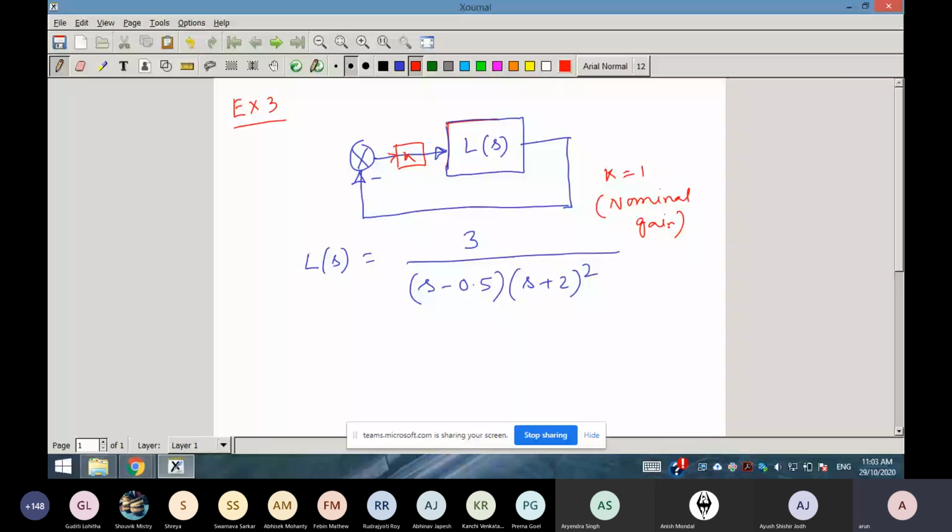For determining gain margin, I can increase k from 1 to k max. That k max will give you the upper side gain margin, and I can reduce k from 1 to k min, and that k min will give you the lower side gain margin.